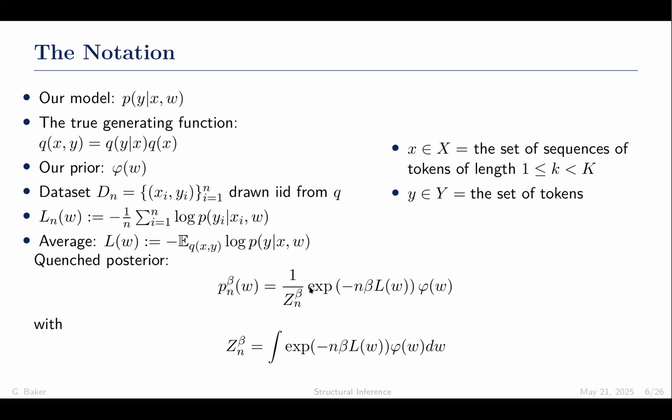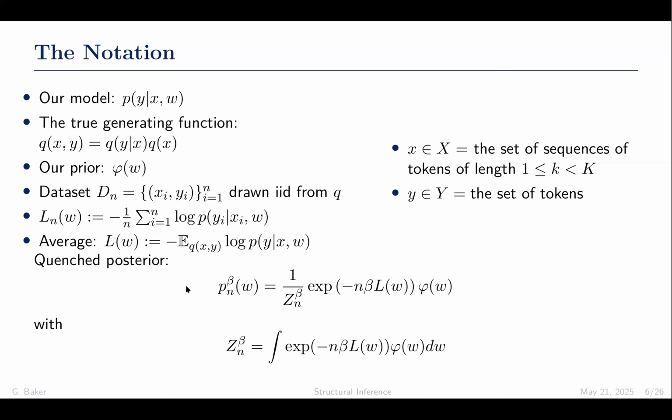We have our prior, phi of w. Data set drawn IID from Q, our negative log likelihood function, and then the average negative log likelihood function, negative 1 over n sum of the log probabilities, and the population version, the negative expectation of the log probabilities.